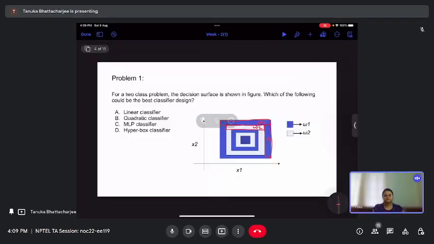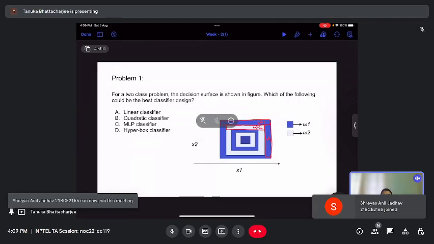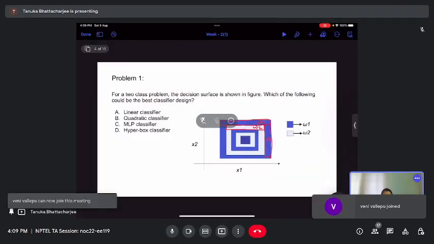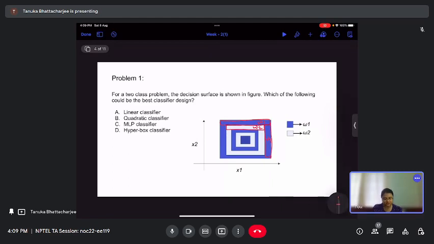You can form a number of such boxes or hyperboxes in the feature space, where each box belongs to a particular class. Here you have two classes, so some of the boxes will belong to class omega 1 and the remaining will belong to class omega 2.